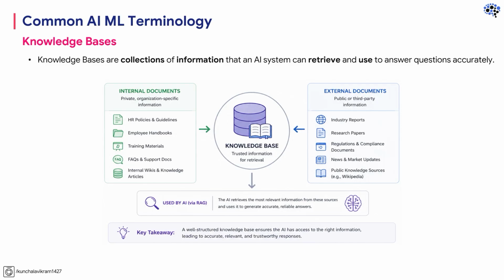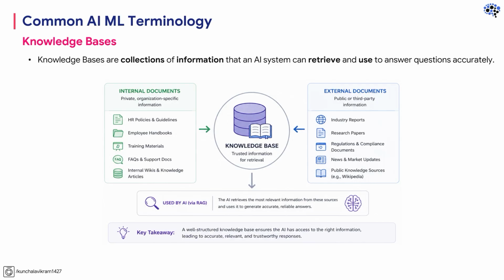Now, we talk about knowledge bases a lot. A knowledge base is basically a collection. It is not a folder or something like that. It is just a collection of information. It can be internal documents, or it can be external documents from the public internet.